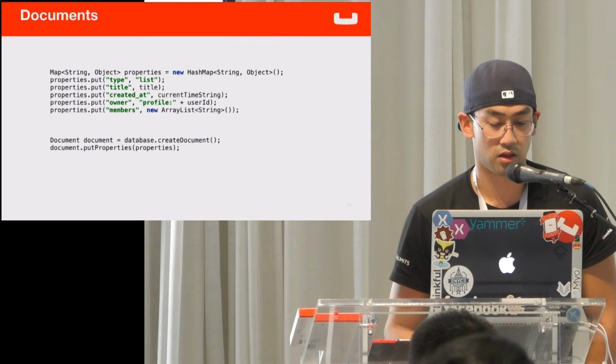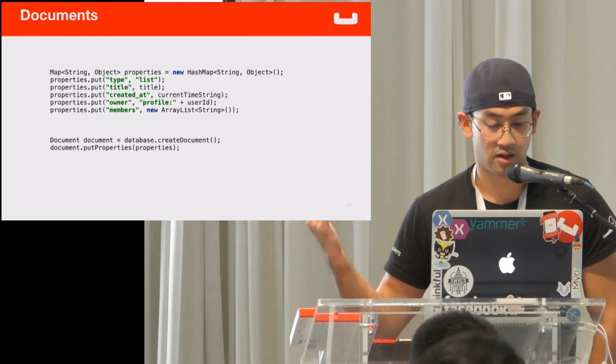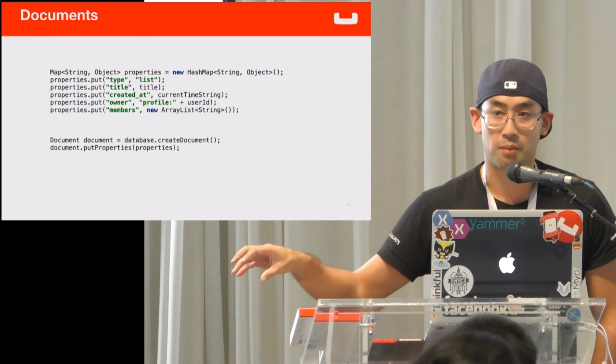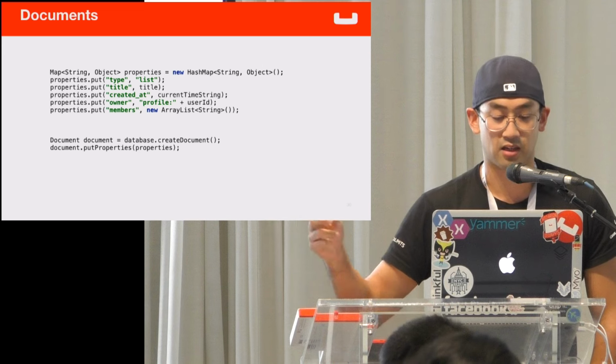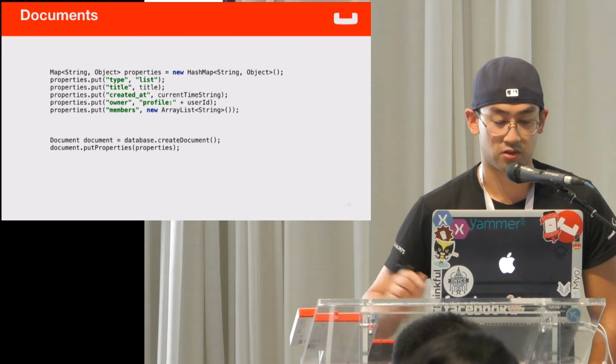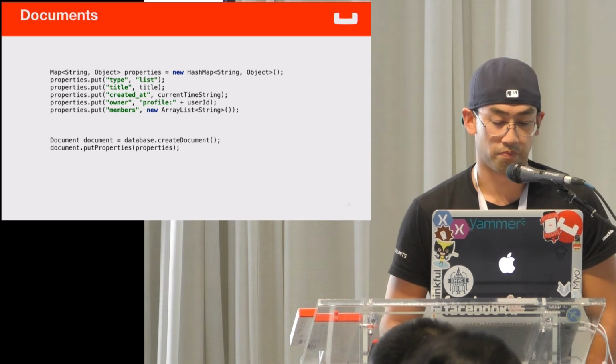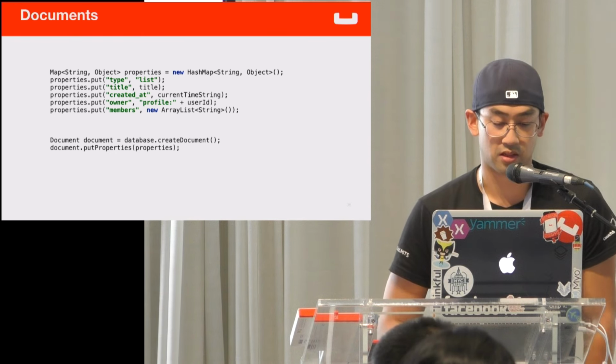What's different in this slide is, don't forget, we still have to put this map object into a database, so into a document. So it'd be document equals database, create document.